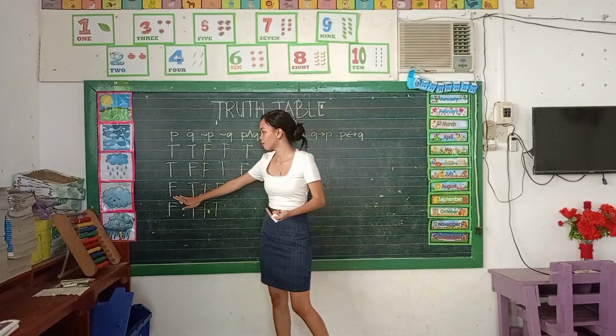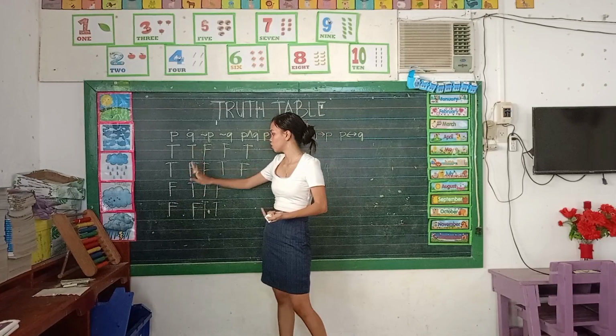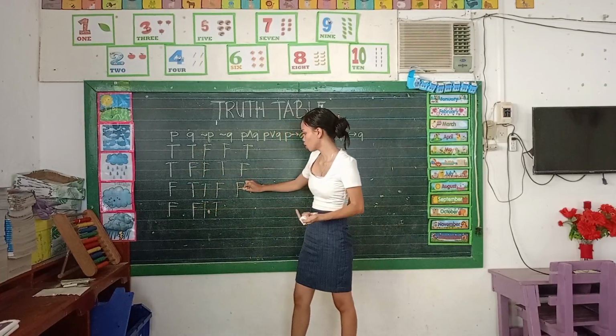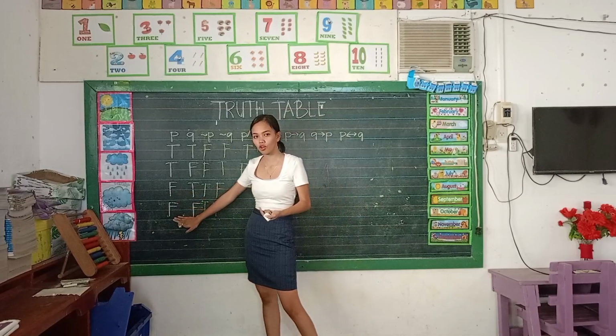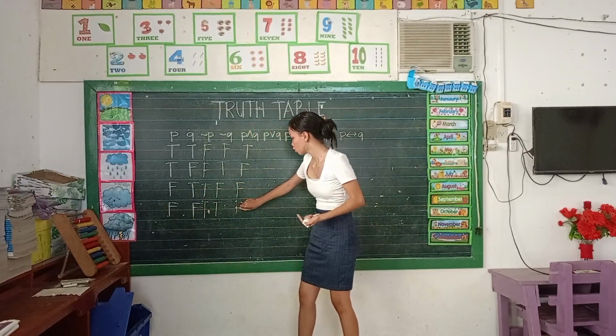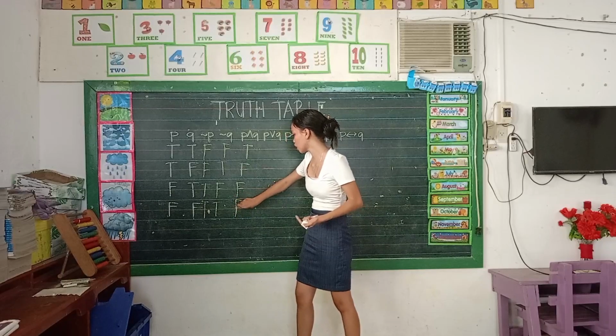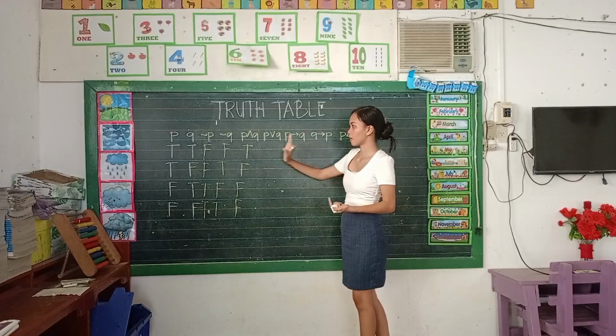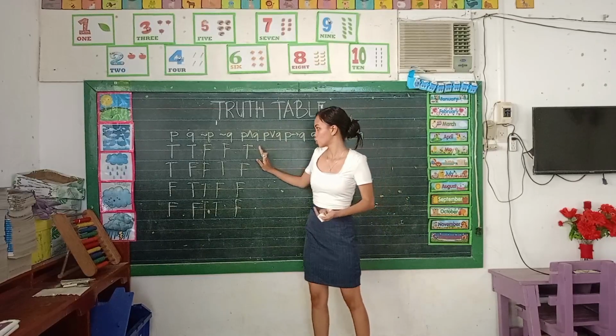Then if P is false and Q is true, the result will also be false. And if P is false and Q is false, it becomes false. So the rule here in conjunction is both statements should be true to get a result of true.